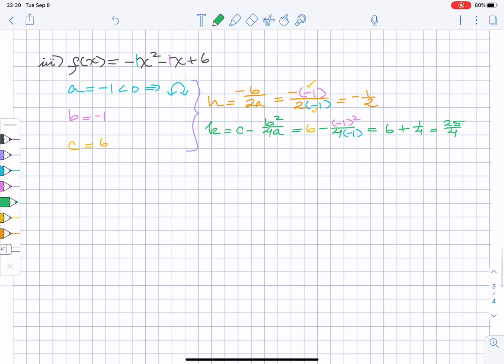So we know the vertex will be at H comma K, which for us is going to be, so H is -1/2 and K is 6.25.